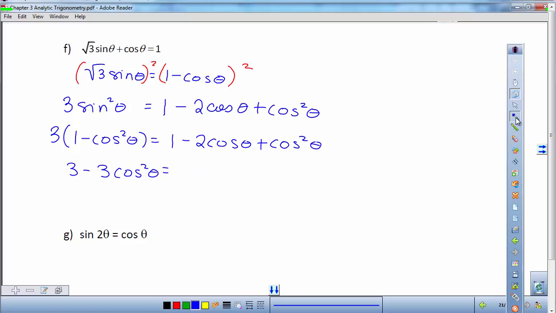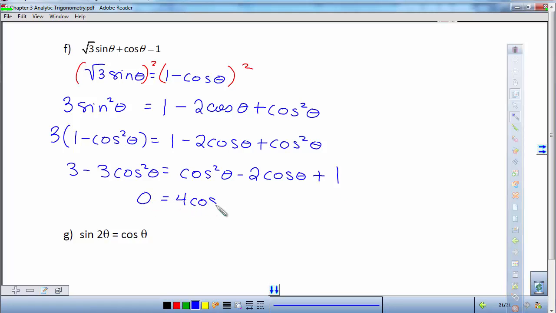Cosine squared theta minus 2 cosine theta plus 1. Okay. We add 3 cosine squared theta to both sides and then also subtract the 3. So I get 0 equals 4 cosine squared theta minus 2 cosine theta. 1 minus 3 gives me what? Okay, minus 2. Then we want to try to factor that.